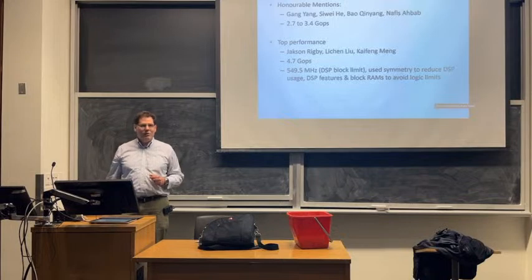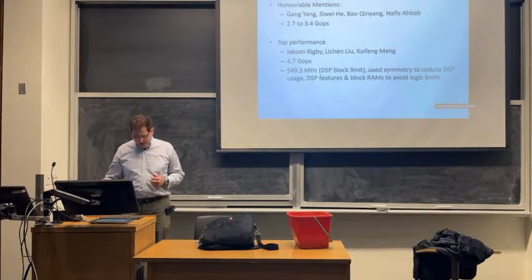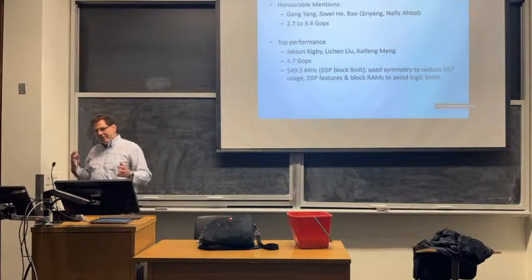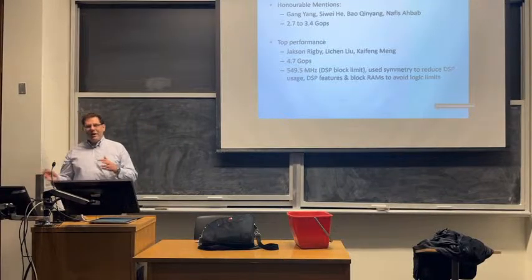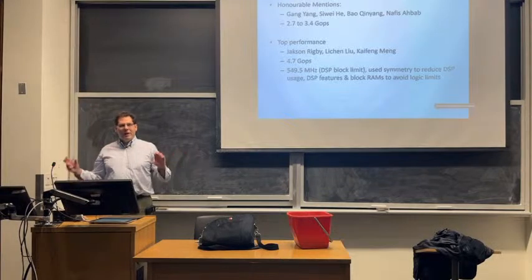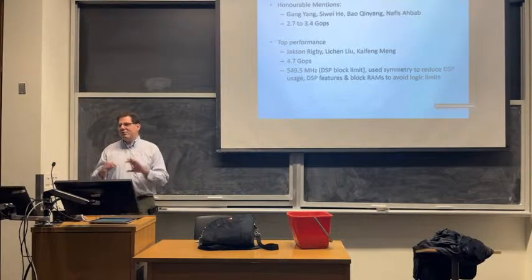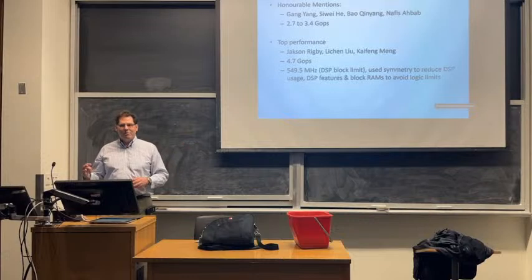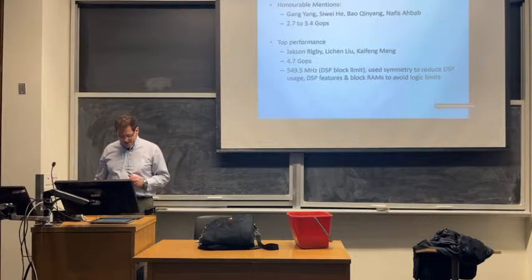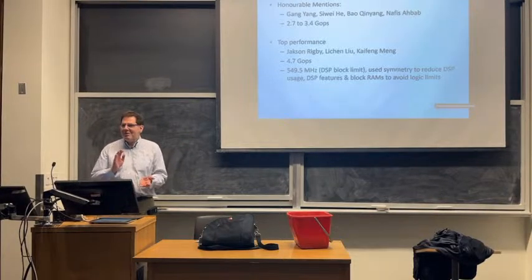All three of these solutions did that so they wouldn't run out of DSP blocks as fast. They also used the DSP features cleverly, and block RAMs to build their FIFOs and buffers so they didn't run out of logic, so the limit was basically how many multipliers they could fit. Well done. I'm going to give you a round of applause.